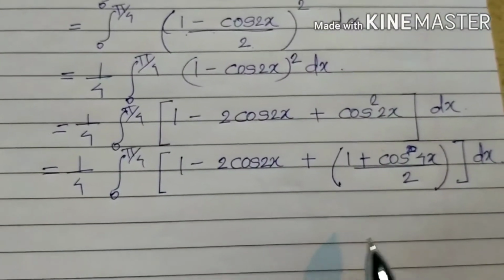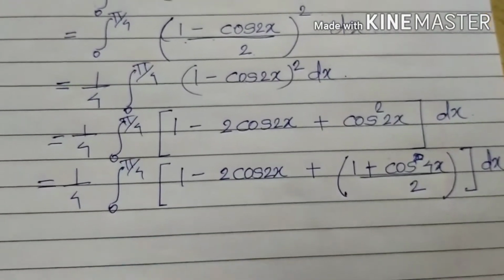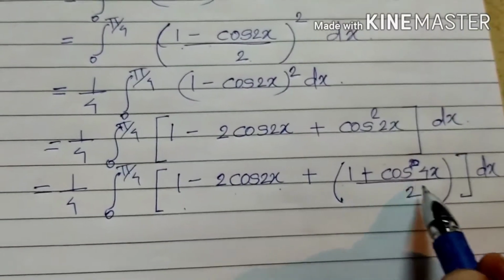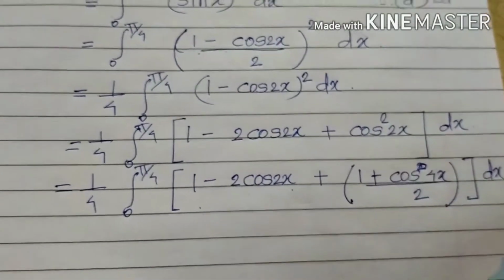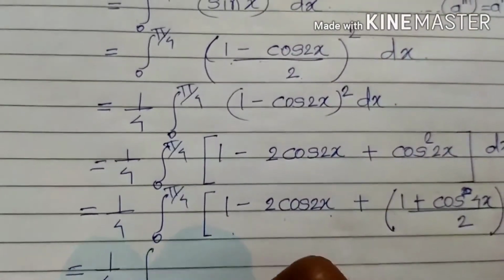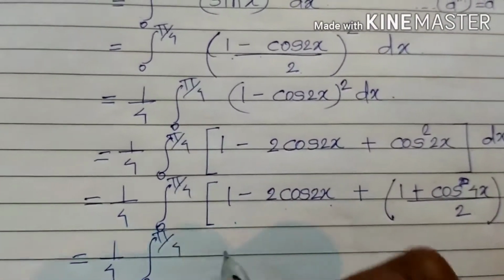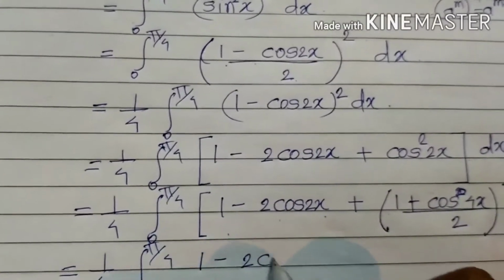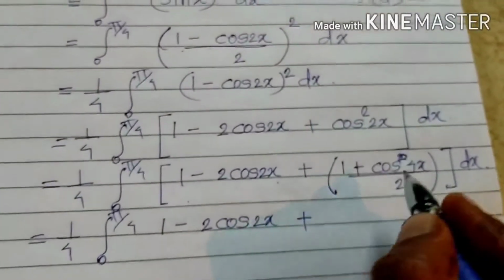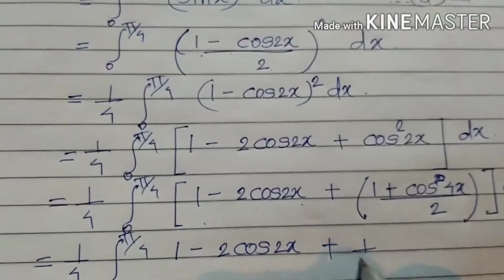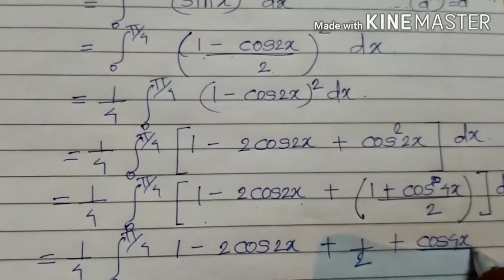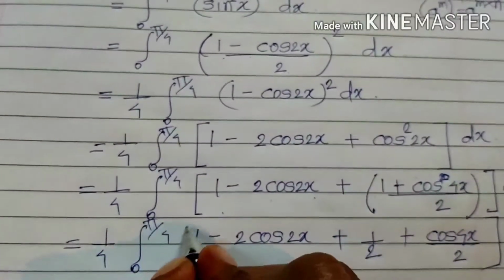So using this, we have our answer 1 minus 2 cos 2x plus 1 plus cos 4x upon 2 dx. Now 1 by 4, 0 to pi by 4, 1 minus 2 cos 2x plus this 2 can be split like that, 1 upon 2 plus cos 4x upon 2 into dx.